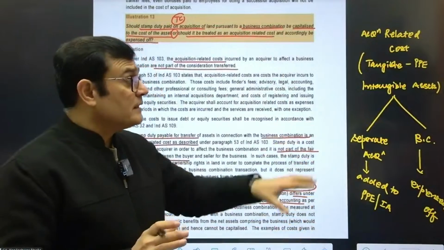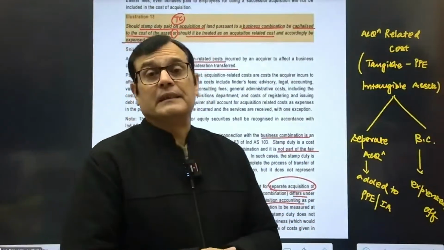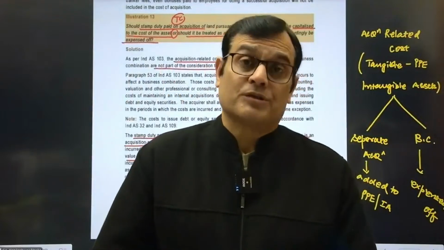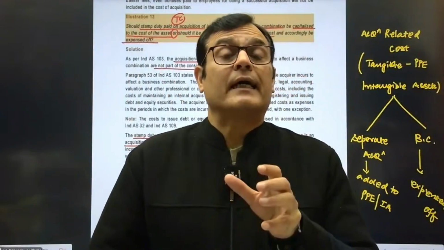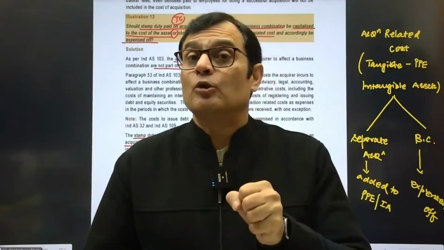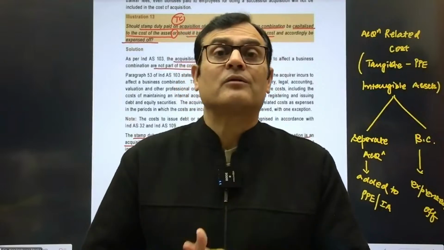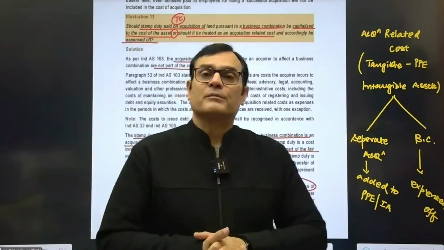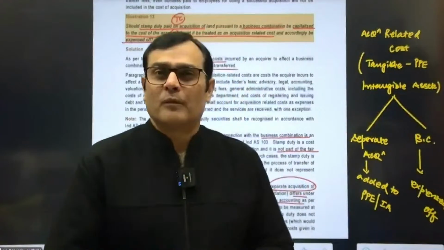In terms of Ind AS 16 and Ind AS 38, you record the asset initially at historical cost. Since it is recorded at historical cost, you can include the acquisition cost as a part of the initial recognition. But in terms of a business combination, the assets are recorded at fair value.